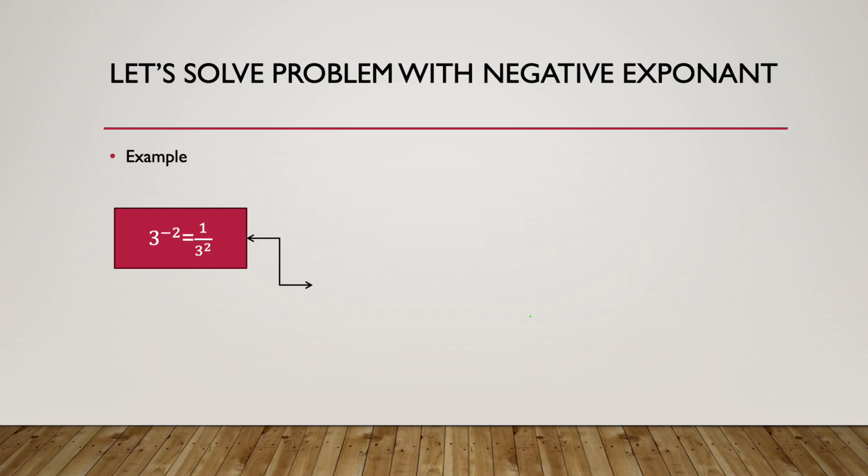Remember, always draw a line and think there is the number 1 under the line, just upside down. When you turn it upside down, the number 1 comes above the line, and the 3 with the minus 2 exponent automatically becomes a positive exponent.